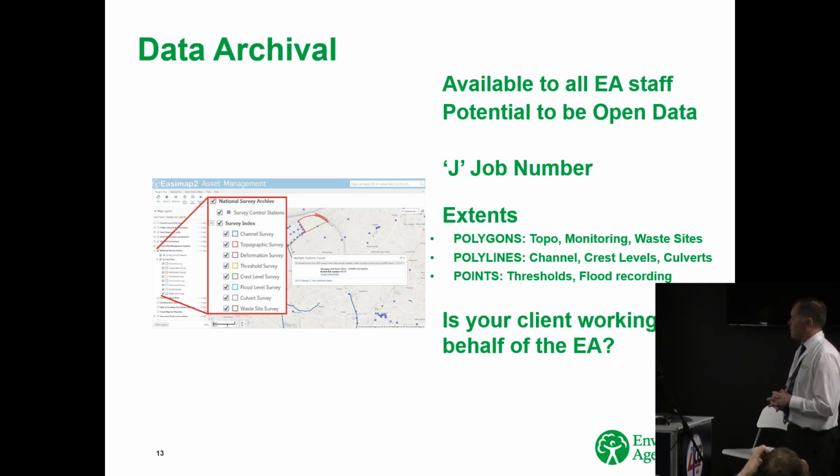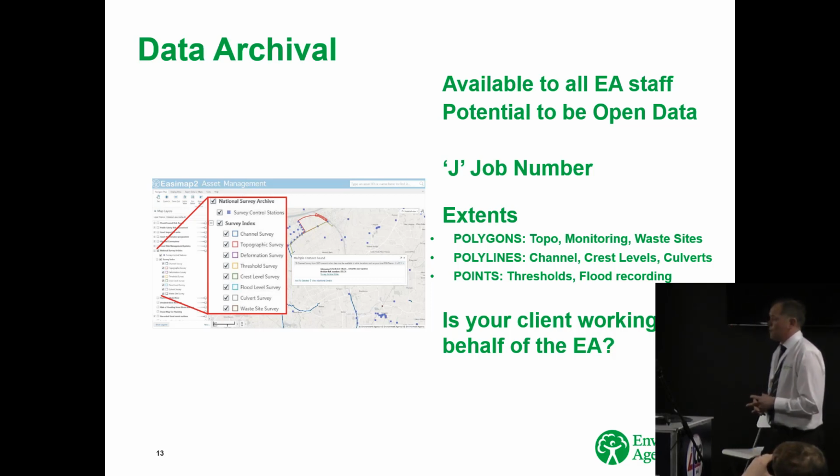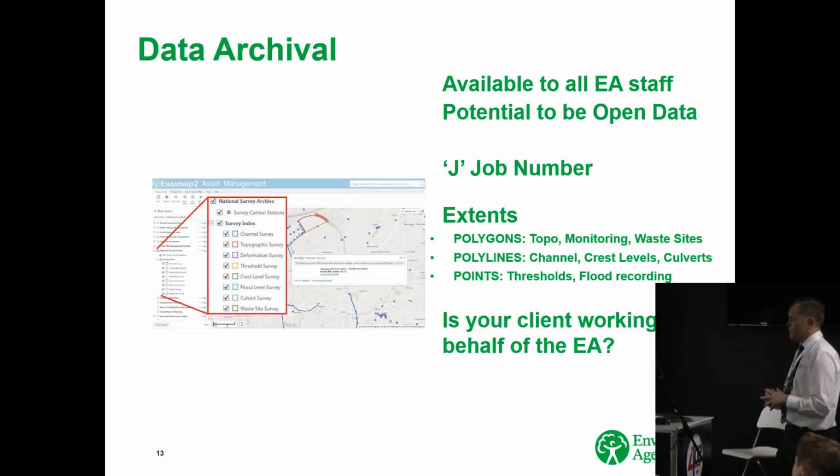We've now got a national system. We call it EasyMap 2, which is available to all EA staff, and on there we've got a layer which shows the various different types of surveys we've done, and also our control benchmarks.